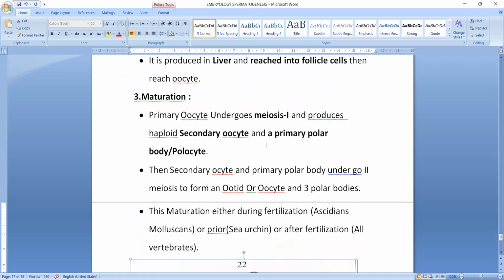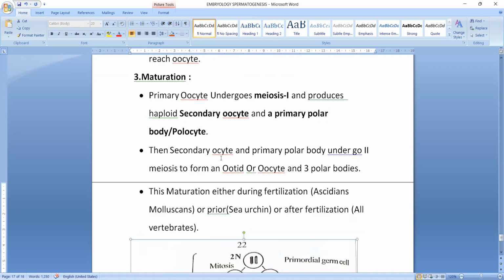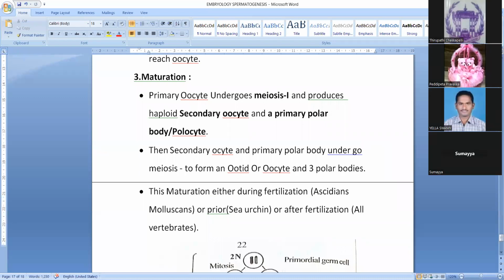And then the secondary oocyte and primary polar body undergo meiosis 2, which is like a mitosis.